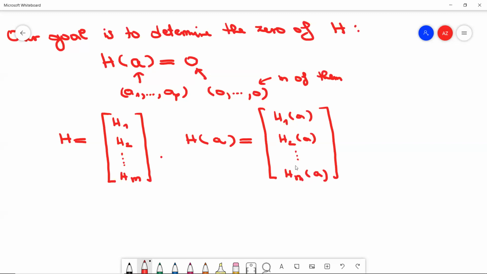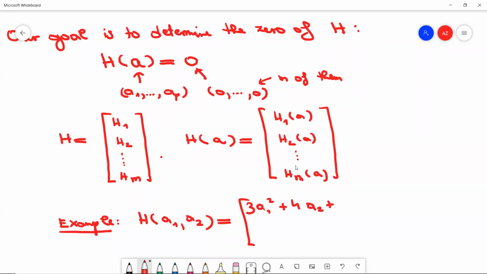So for example, h of a1, a2 is, let's say, 3a1 squared plus 4a2 plus cosine of a1 plus 5.